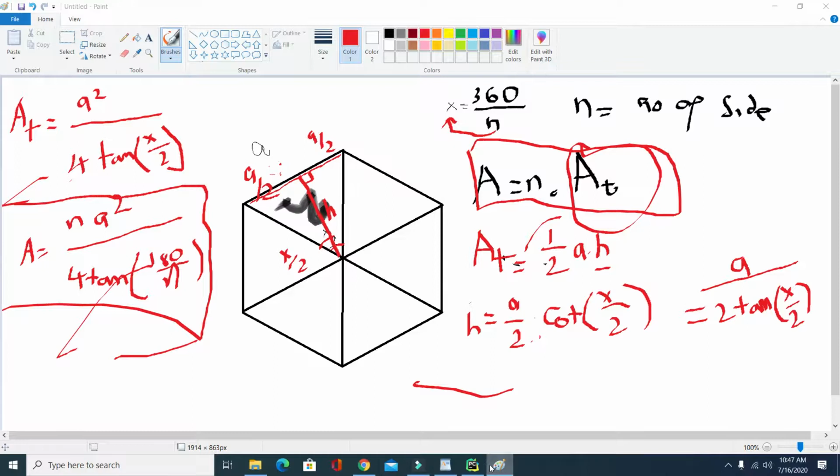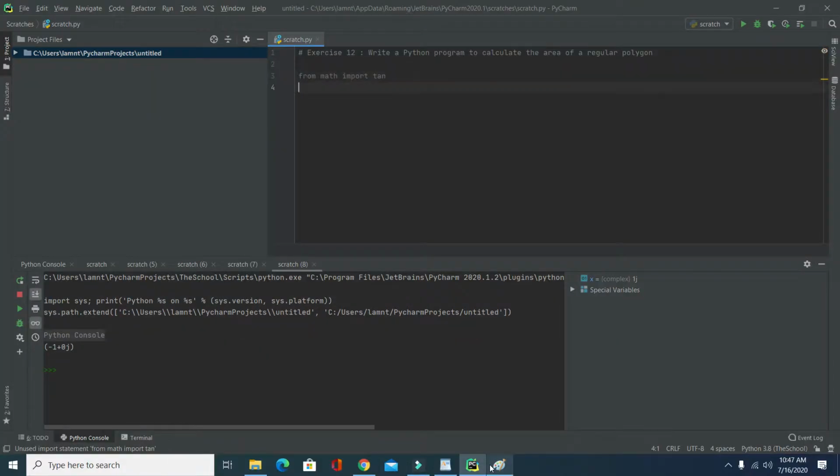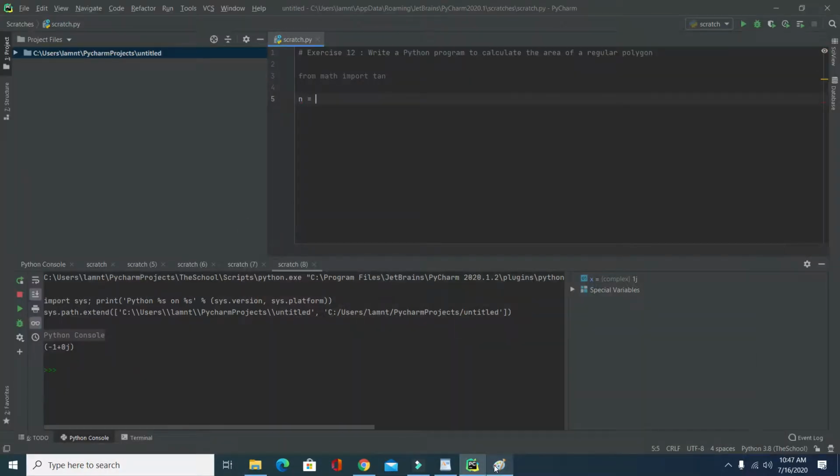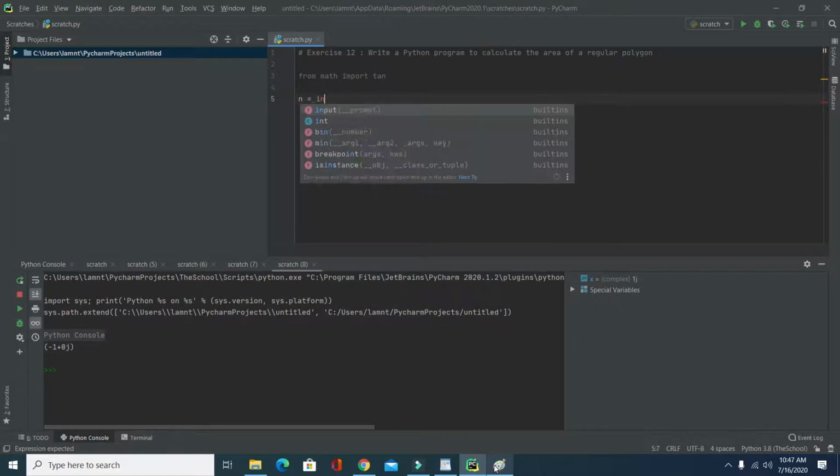So n input, and it's an integer, and it's gonna be the number of sides of the polygon, right? And it's the number of sides of the polygon. So let's note it down.